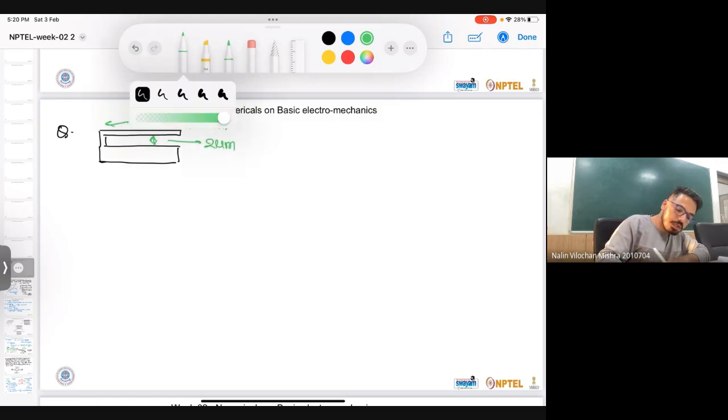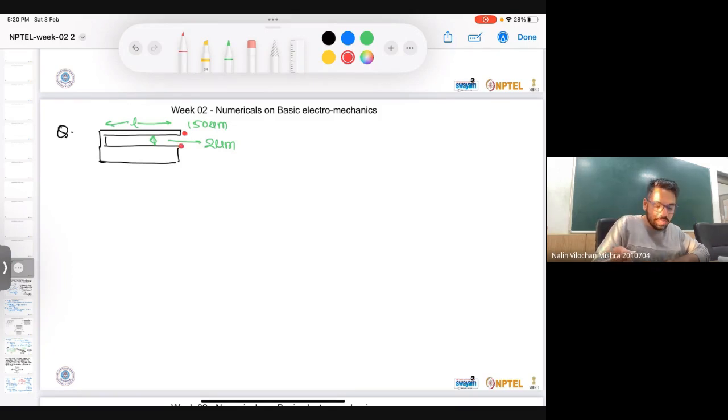There are two charges, one attached to this beam and one at the platform. The charge q1 is given as 8 into 10 power minus 15 coulomb, and this charge q2 is minus 1 into 10 power minus 14 coulomb.